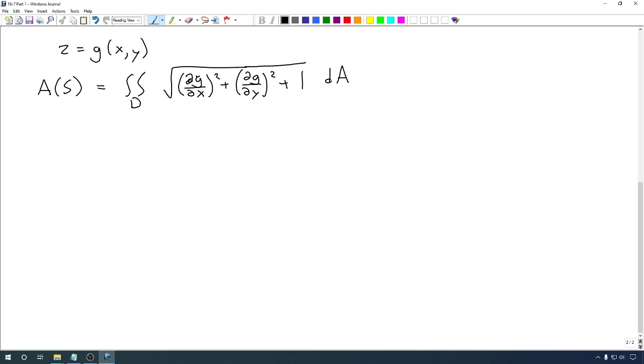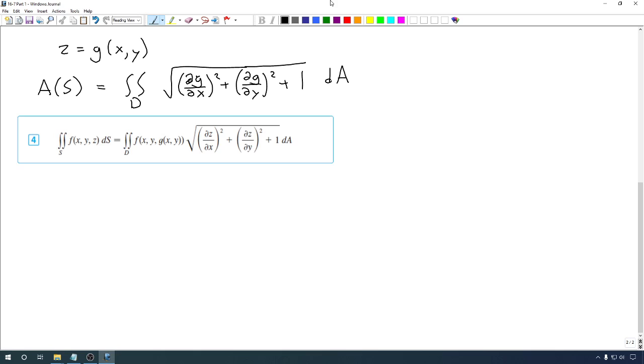All that's really different between the formula for surface area and the formula for surface integrals is that for surface integrals we do have the function in here. So we're just going to put a function into the integral, and we end up with this particular formula. Now they changed from putting the function name g, and they just went ahead and put z there, but it's the same kind of thing.